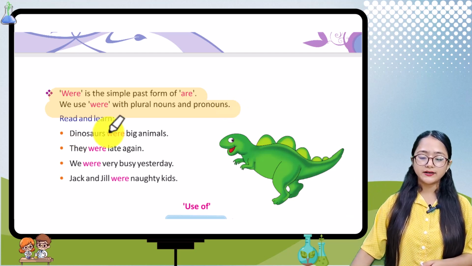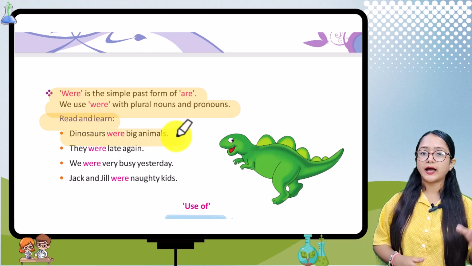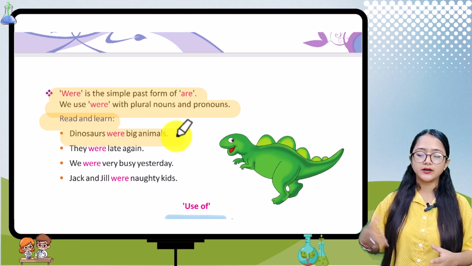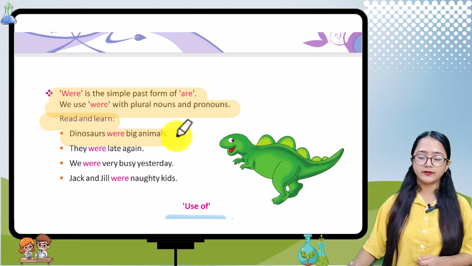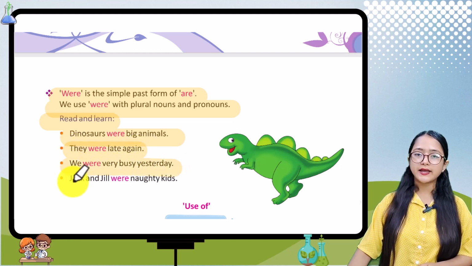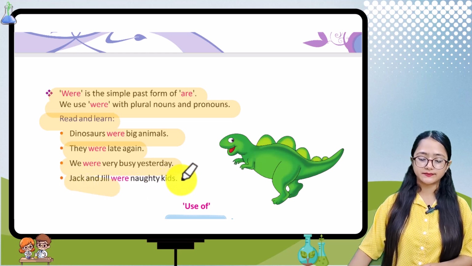So let's read and learn some examples. First one is dinosaurs were big animals. Here dinosaurs, it is talking about more than one dinosaur, so you have to use were, which is the helping verb. Next one, they were late again. Next, we were very busy yesterday. Next, Jack and Jill were naughty kids.